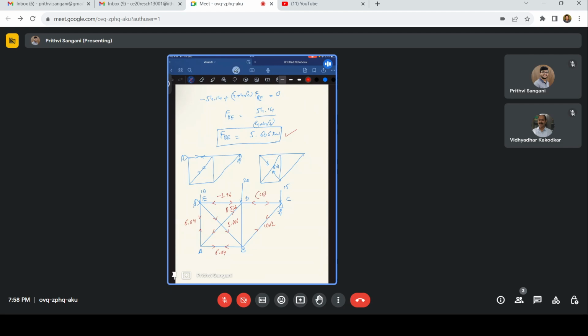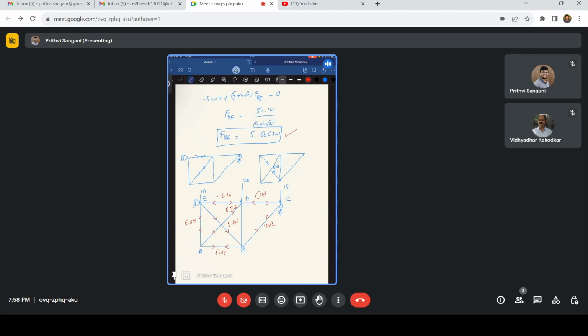The only thing which was said is that maybe because of welding or locally heating it, the member AC was subjected to an increase in temperature of maybe 40 degrees. Delta T of AC is given as 40 degrees.